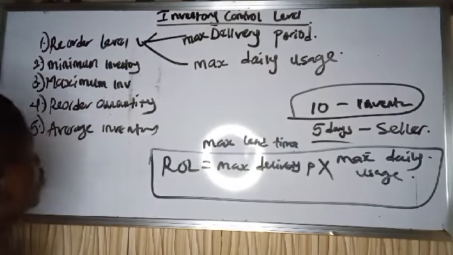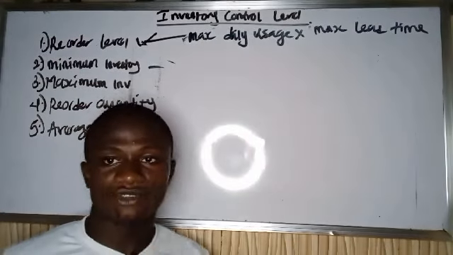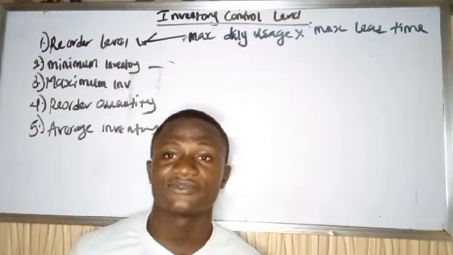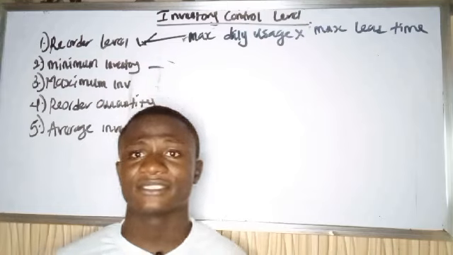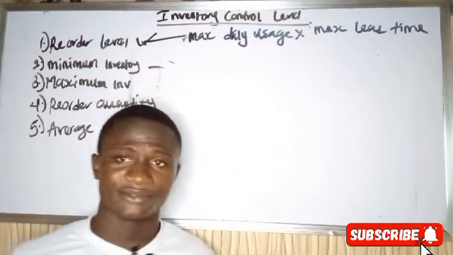So let's move straight away to our minimum inventory level. Now for the minimum inventory level, I will give you the formula, and I'm going to explain why the formula is like that, just the way I explained reorder level.